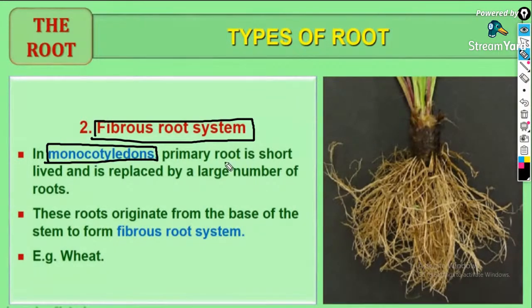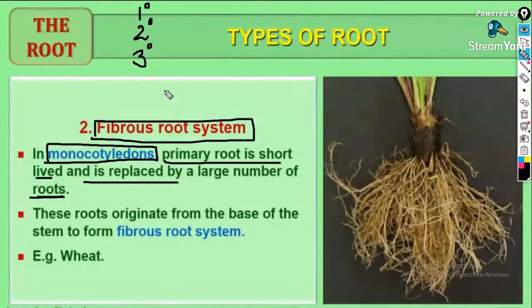Yes. Fibrous root system in monocot, the primary root is short lived and is replaced by a large number of roots. So, in case of monocot, that is the fibrous root system, they will not have separations like primary root, secondary root, tertiary root. The primary root will just disappear after some time.